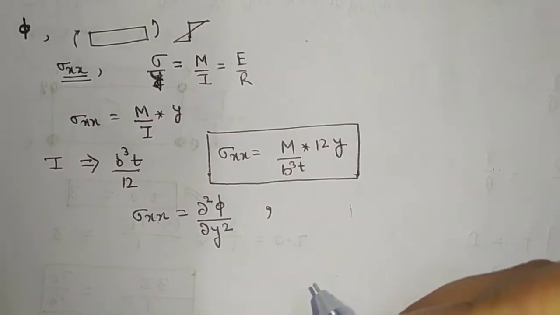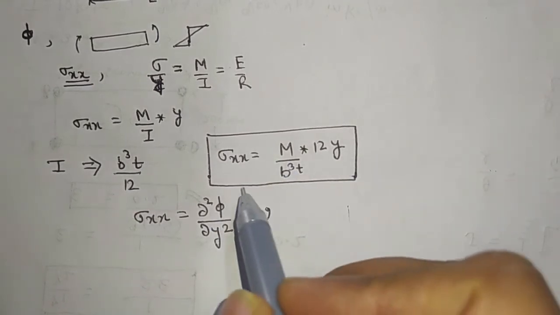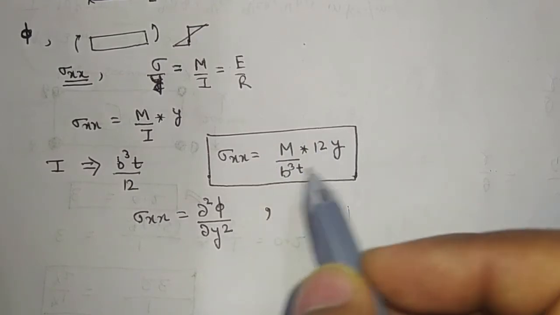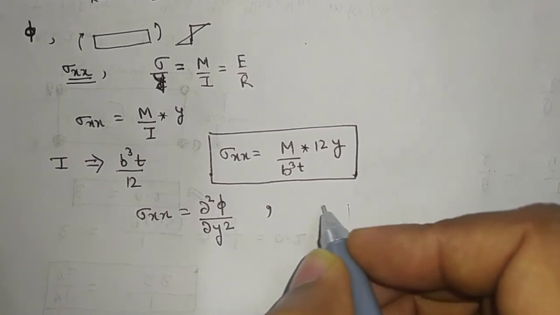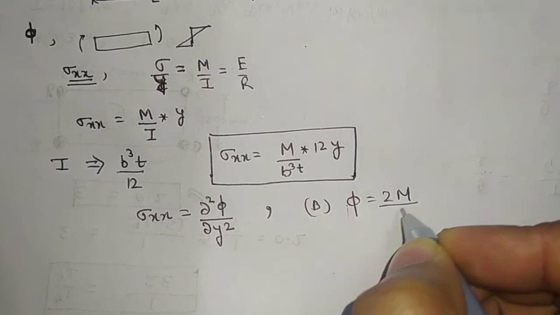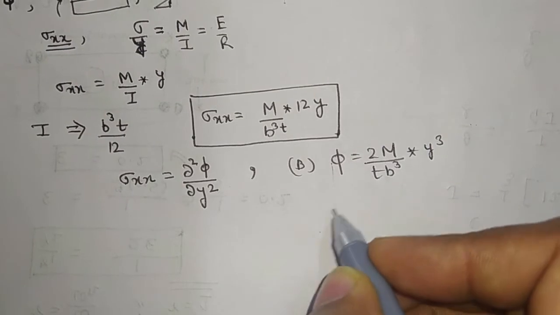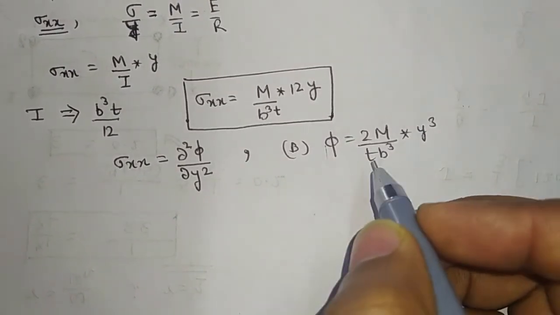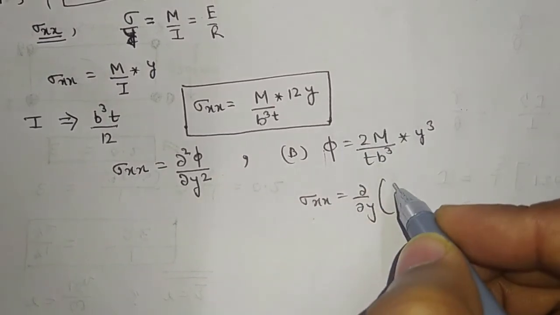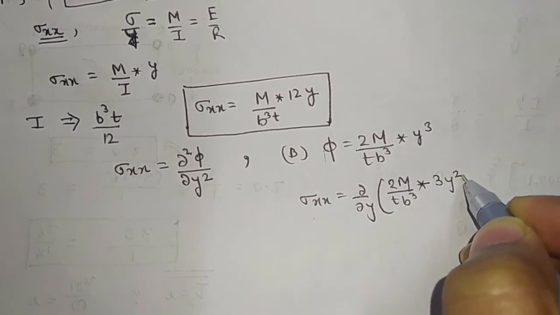So we have to choose from the options. After differentiating the Airy's stress function from the option, it will give the value of stress in x direction. If we take option B, which is 2M by t b cube into y cube, and differentiate this with respect to y two times, sigma xx will be, after differentiating the first time, 2M by t b cube into 3y square.